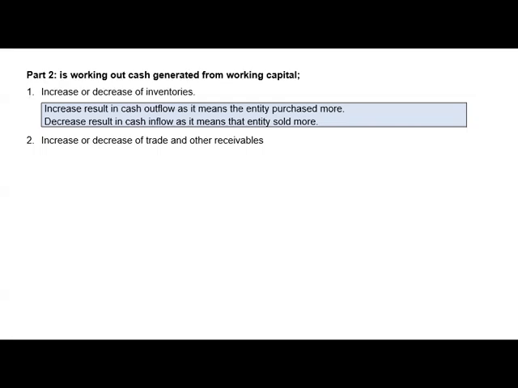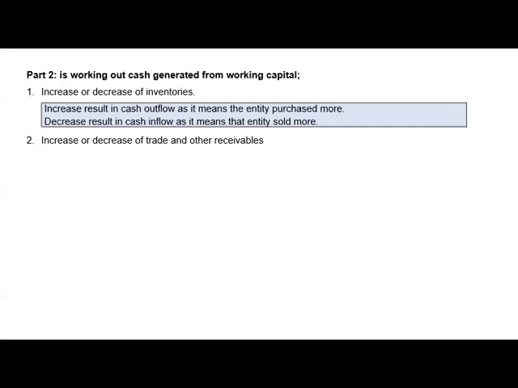When trade and other receivables go up, we are losing money. That stock you gave to a person on credit, you could have sold to someone else for cash. You took your money to buy that stock, and you gave it to somebody else. Increase in trade and other receivables is associated with cash outflow.